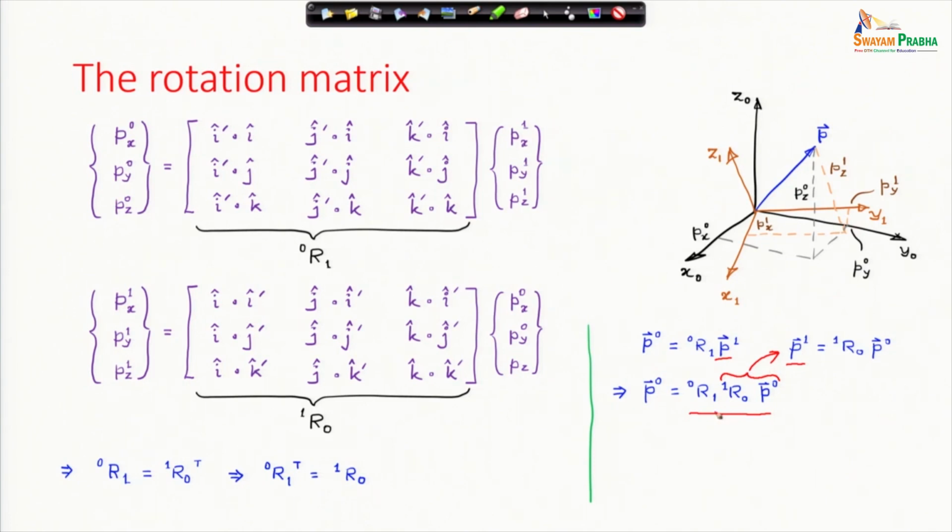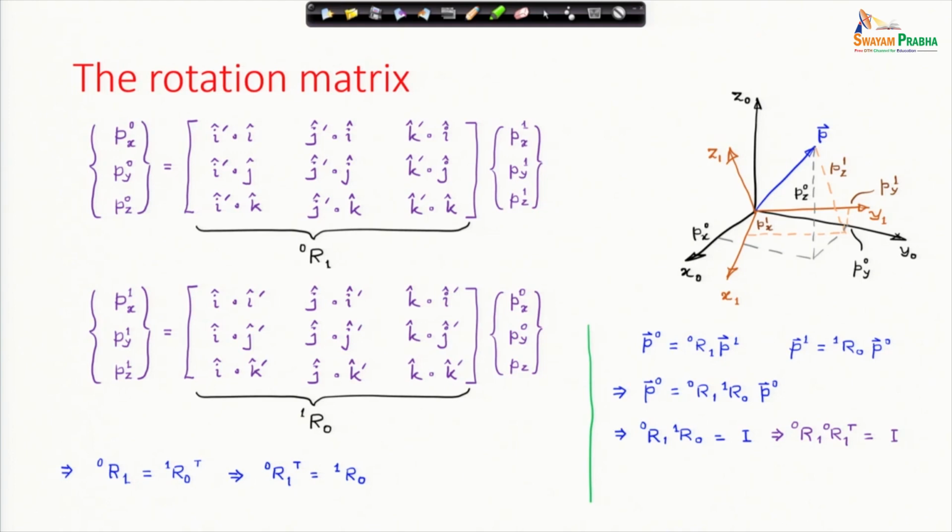What does this equation tell us? It must be so that R 1 to 0 multiplied by R 0 to 1 is identity. That is the only way you can have P 0 is equal to P 0. That means R 1 to 0 multiplied by R from 0 to 1 must be an identity matrix.